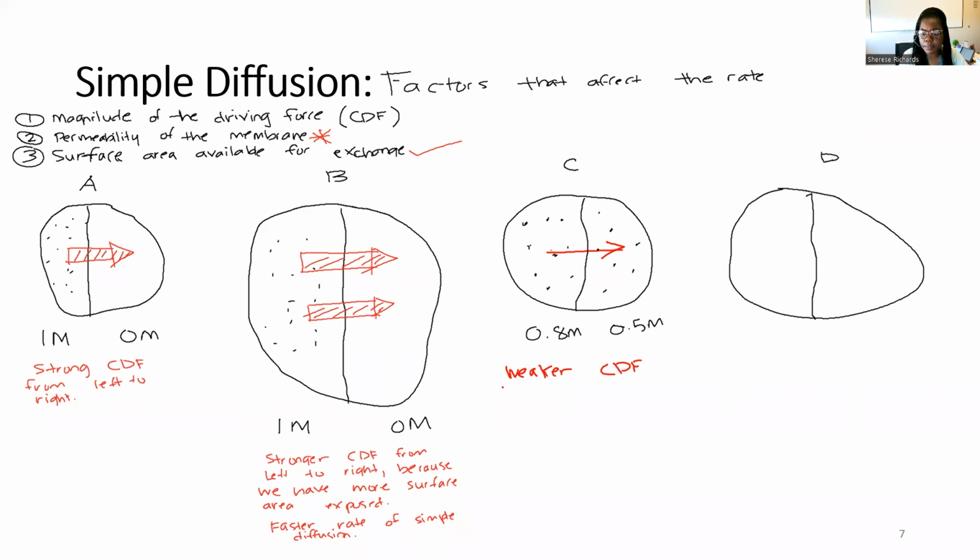Also from left to right, okay? Because we have a smaller concentration gradient.